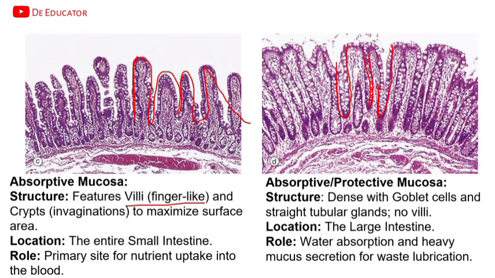Once you see a lot of goblet cells in a GIT slide, one thing that should come to your mind is that it is an absorptive and protective mucosa, which is found in the large intestine. The large intestine carries the function of water absorption and heavy mucus secretion for waste lubrication.